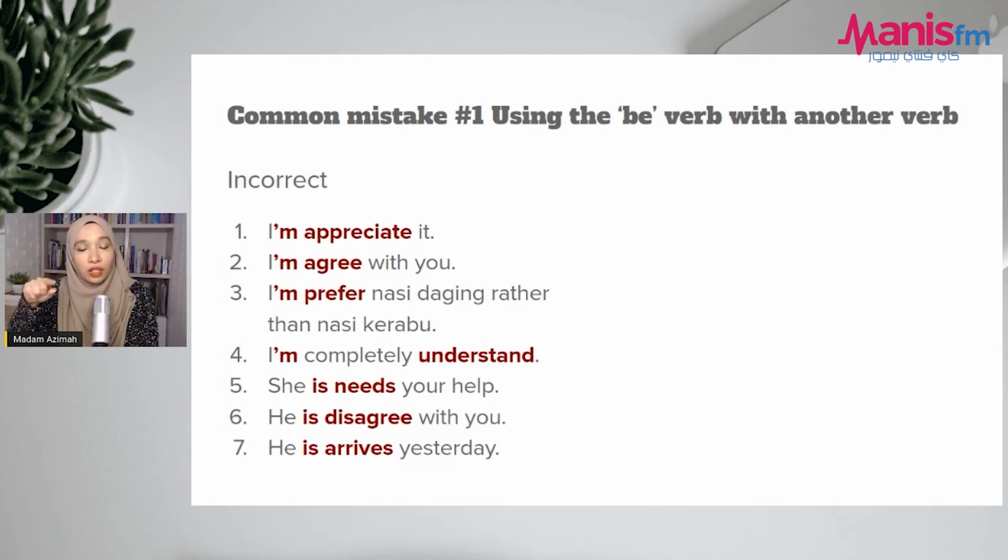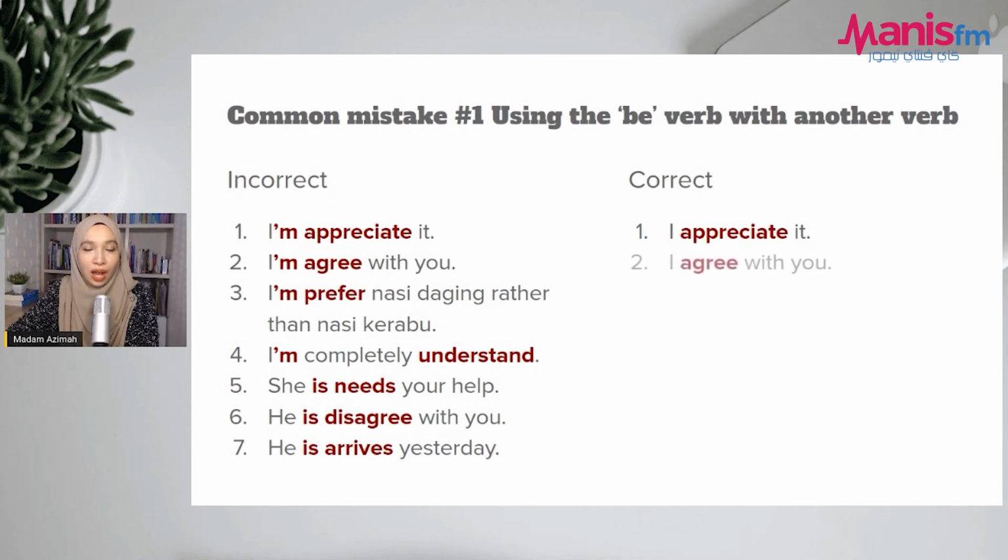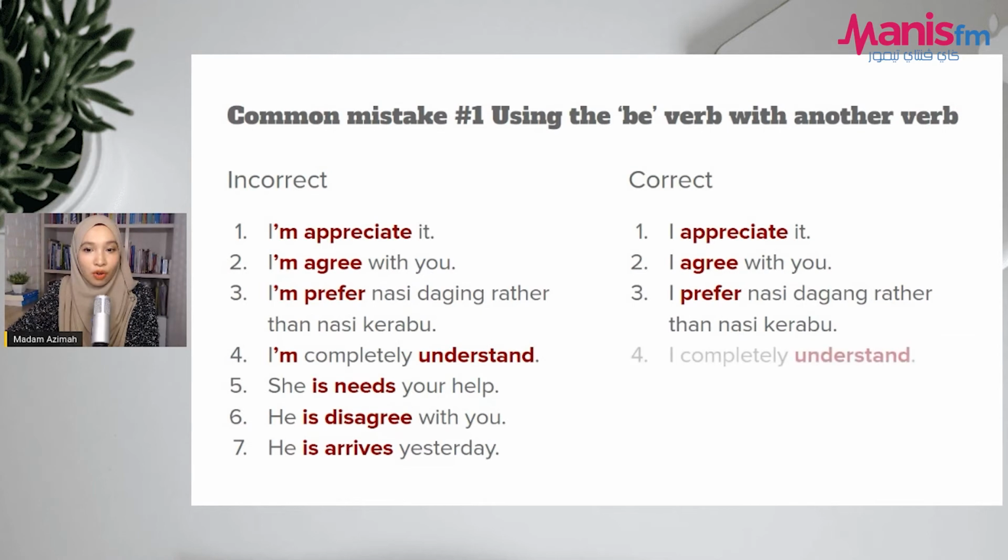To correct this, you have to remove the be verb and just use one verb. So it should be, I appreciate it. Number 2, I agree with you. Number 3, I prefer nasi dagang rather than nasi kerabu. Number 4, I completely understand.